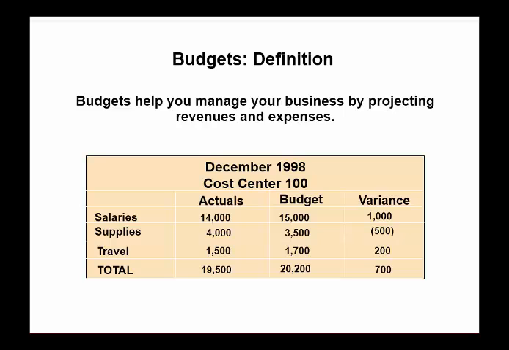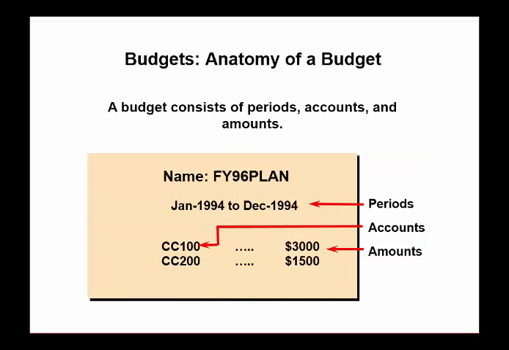You can now run reports for a particular cost center. So you can see that for cost center 100, what are all of the expenses, what was budgeted, what is the variance. And then you can also run an aggregate budget report, and that's for the whole organization.